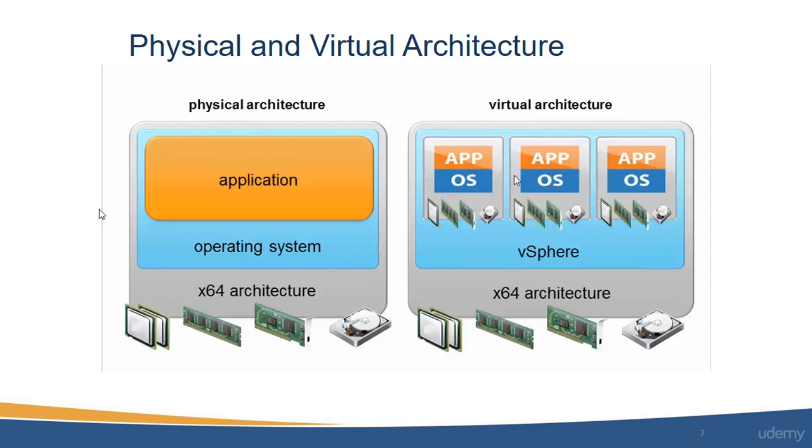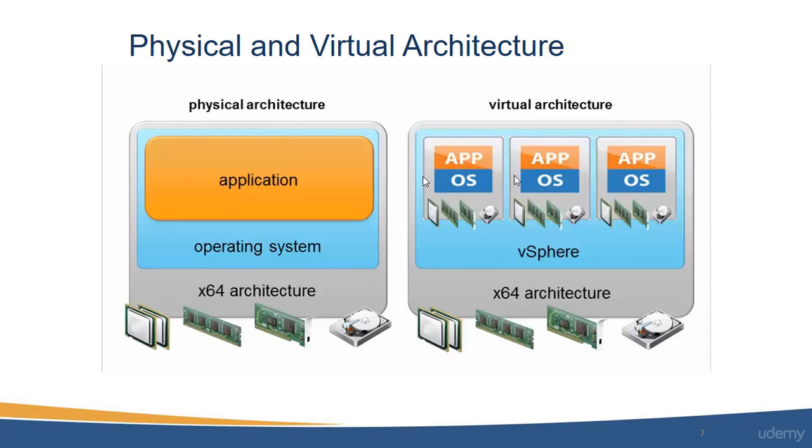When we change that physical architecture to a virtual architecture, what happened there? It's very simple. The software that we use, or the hypervisor, takes the hardware that you have in your physical host and changes it to virtual hardware and gives it to each virtual machine.